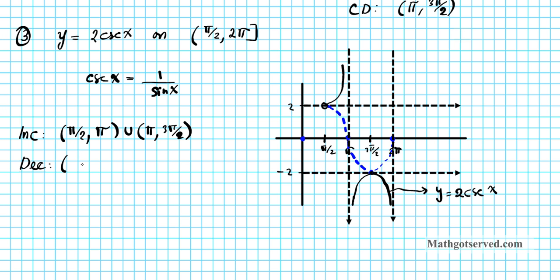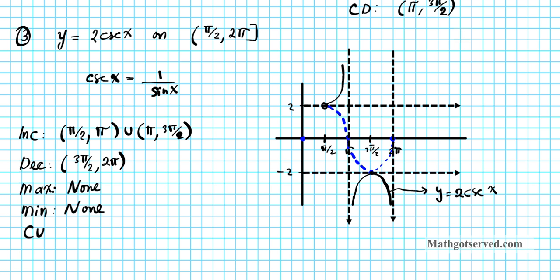It's decreasing only on one interval, which is from 3 pi over 2 all the way to 2 pi. Okay? Our extrema, maximum. This function goes up forever, has no upper bound, so the maximum is none. And then the minimum, it goes down forever as it approaches this asymptote, so there are no minimum values.